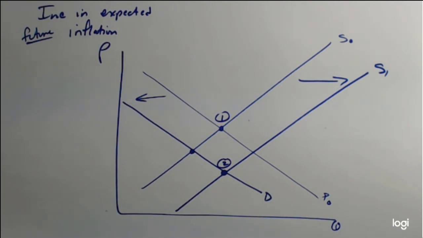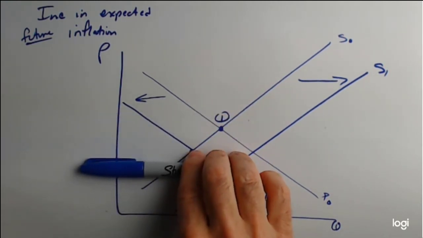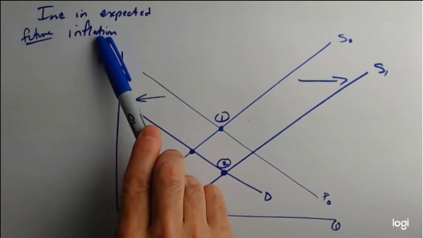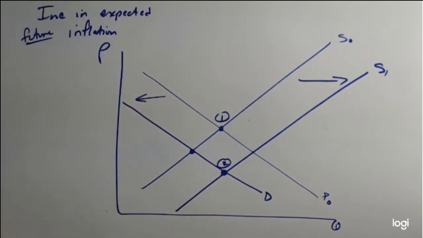It's ambiguous whether the quantity of bonds increased or decreased, and we're not that concerned about that part. What we're concerned about is what happened to interest rates. Prices fell, so interest rates had to go up.